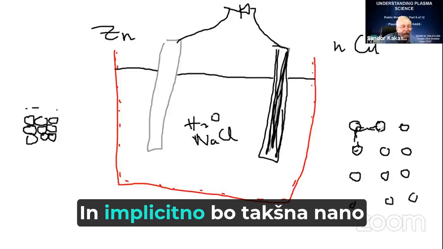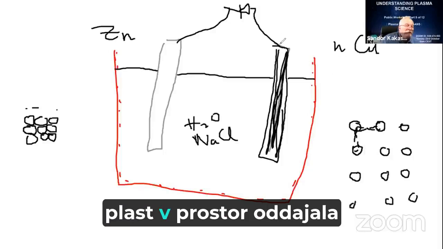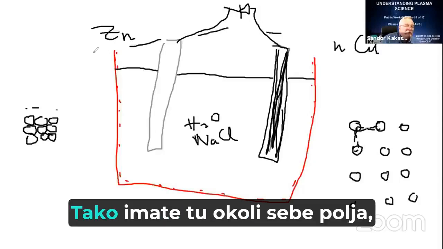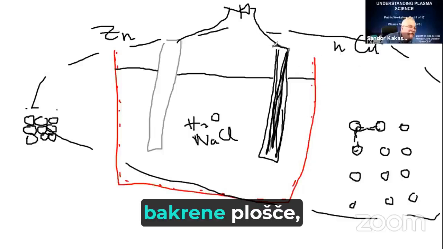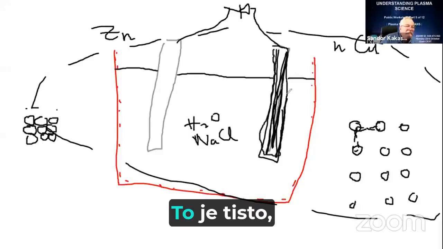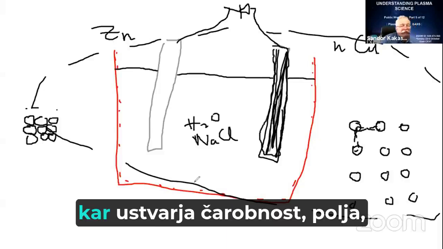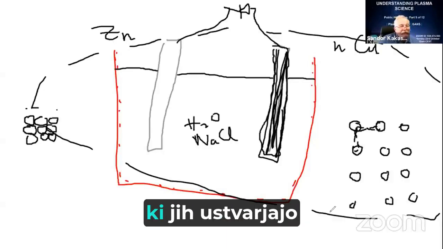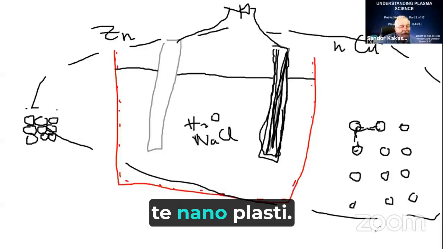And implicitly, such nanolayers will emit more fields into the space. So you'll have fields all around, which are coming from this nano-coated copper plate. So this is what makes the magic: the fields created by these nanolayers.